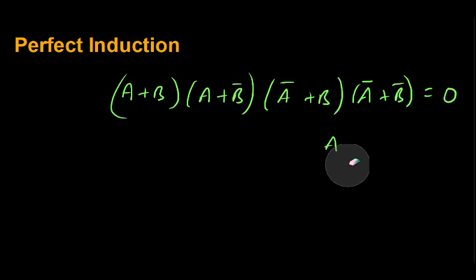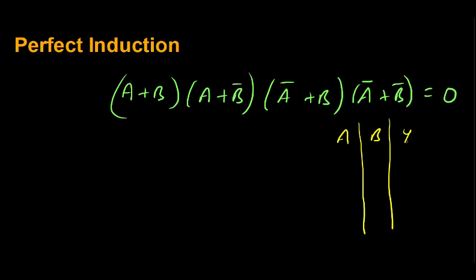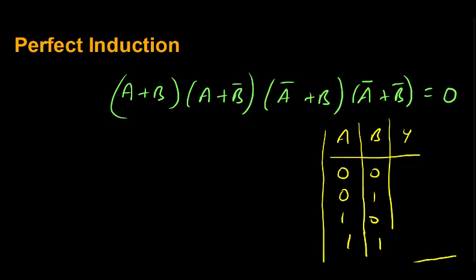I have a, b, and here I will get the output y. So the first combination is 0 0, then 0 1, then 1 0, and then 1 1. We will verify each and every combination and put the result for each combination.